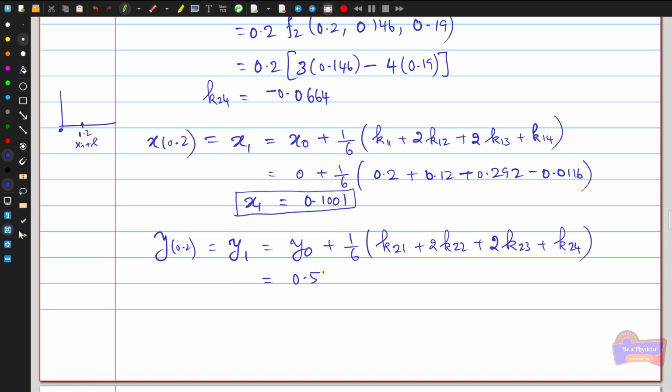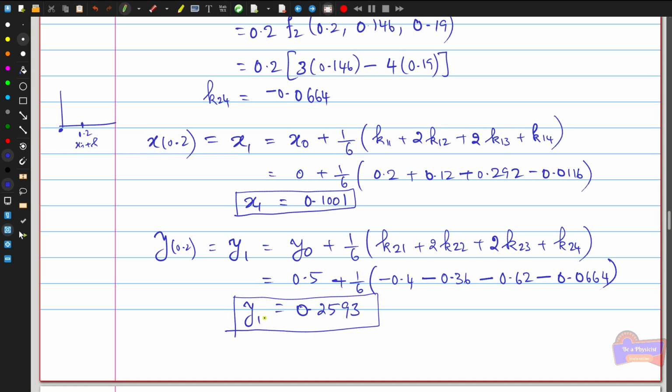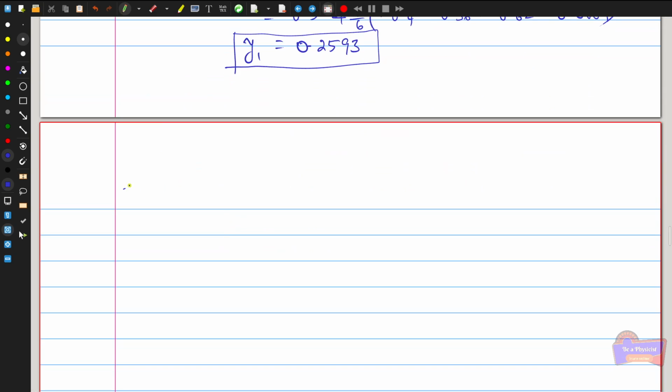The y0 value is 0.5 plus 1 by 6 times minus 0.4 minus 0.36 minus 0.62 minus 0.0664. So the final value of y1 is 0.2593. So this is the value of x1 and y1 for the time step of h equal to 0.2. Okay. Similarly, I can do the next iteration.